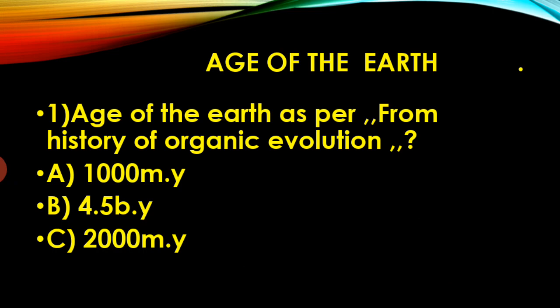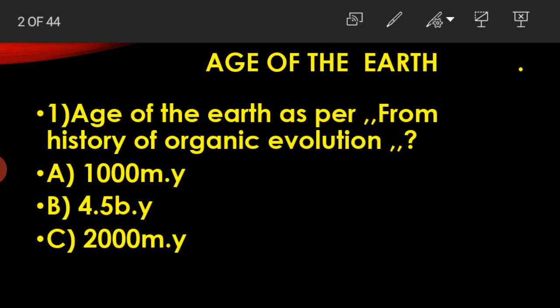Age of the earth. So present 4 bits are 4 MCQs on age of the earth. The age of the earth as per from history of organic evolution. What is the age of the earth? Here are three options.